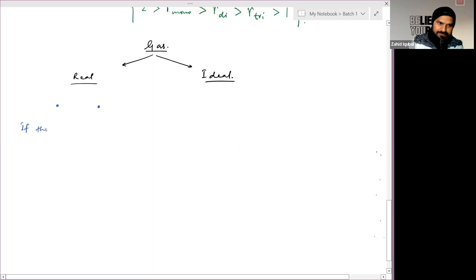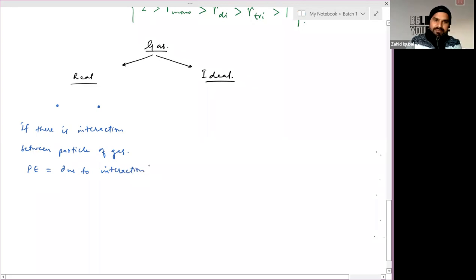So if there is interaction between particles of gas, then it will have some potential energy due to interaction. And since this interaction is always attractive, the potential energy will be negative.